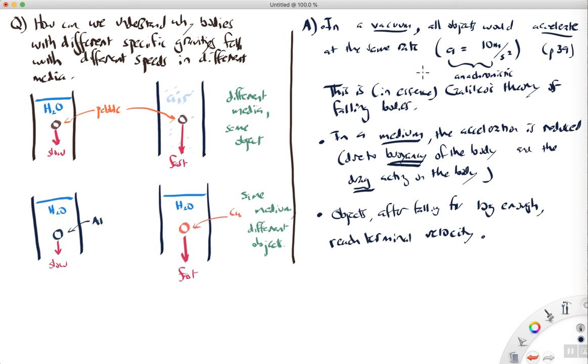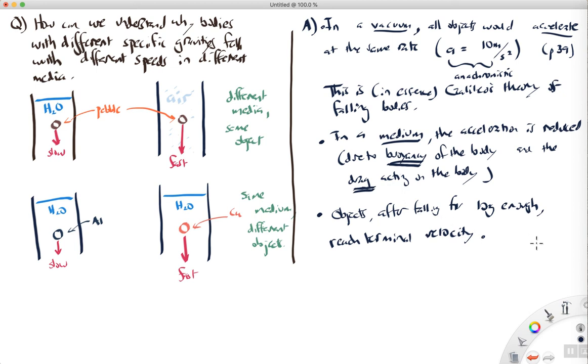You drop it, it gains 10 meters per second of speed for every second that it falls. If there was no drag, no medium that's retarding the fall, its speed would increase indefinitely. But because there is a medium through which it falls, there is a drag force that is going to check the acceleration or reduce the acceleration.